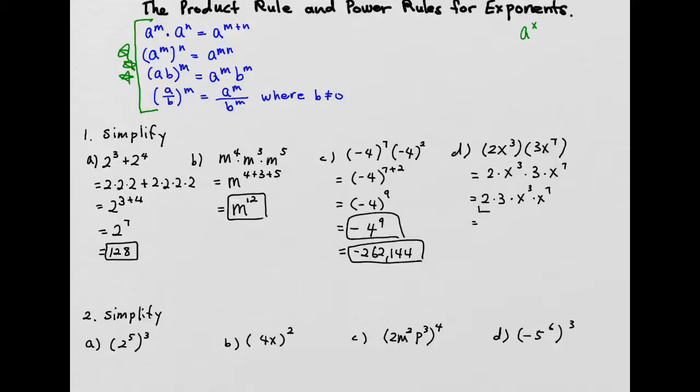So if we combine the like terms, 2 times 3 is 6, and x cubed times x to the 7th will be the same as adding 3 and 7, which is going to be 10.